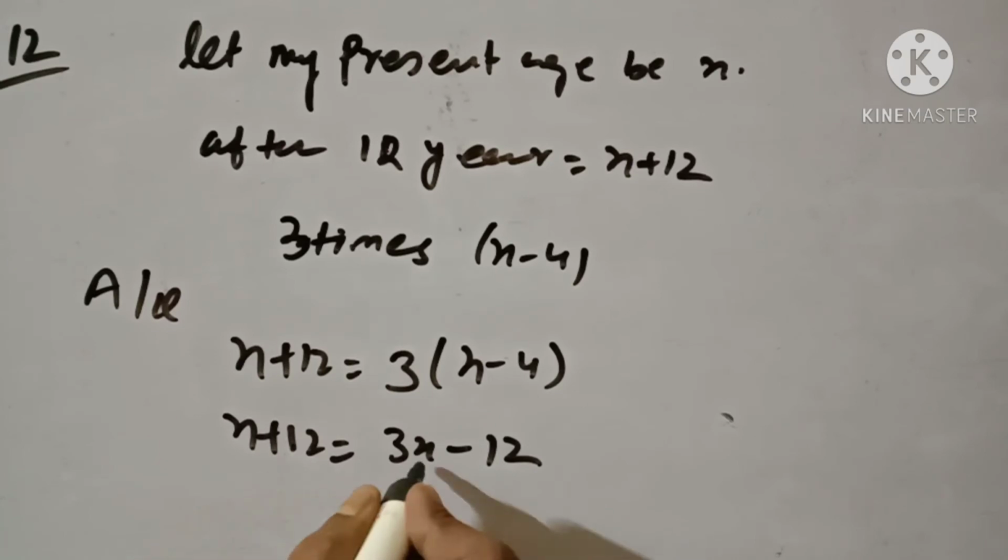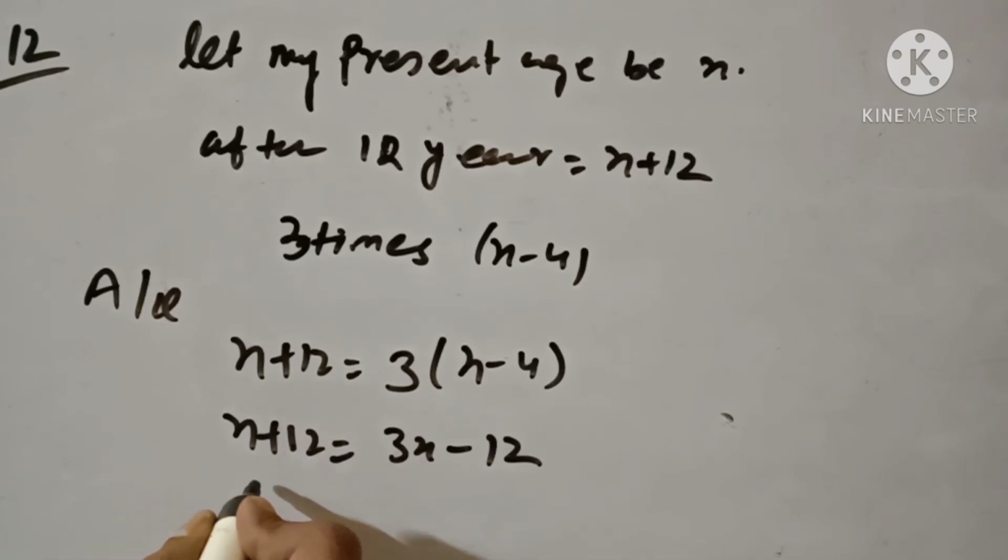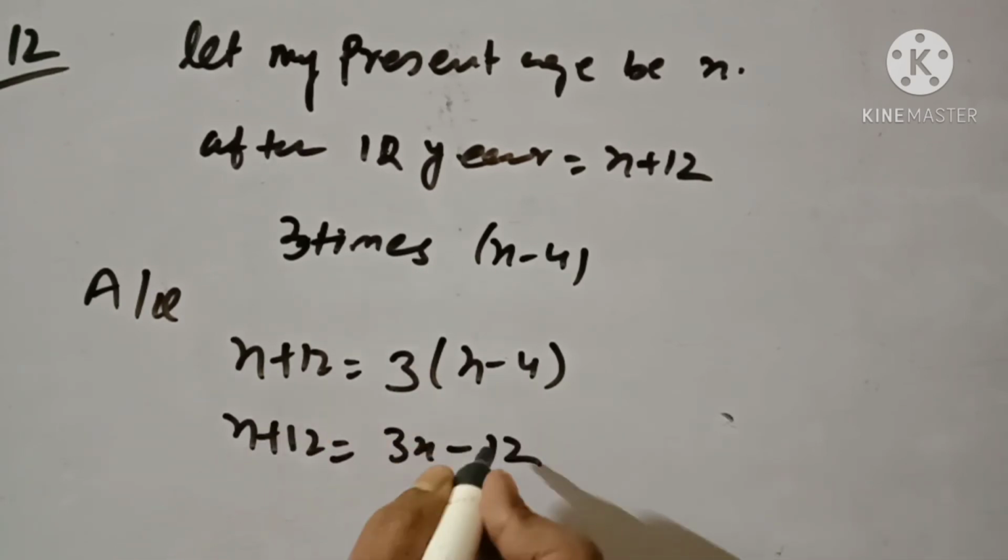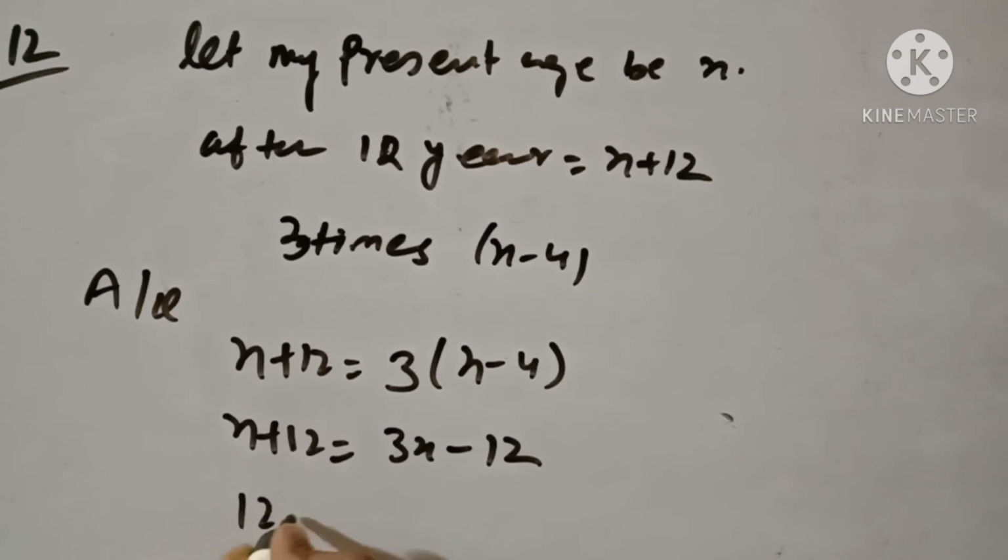Take this 3x this side, or better, take x this side and minus 12 this side. So 12 plus 12 equal to 3x minus x.